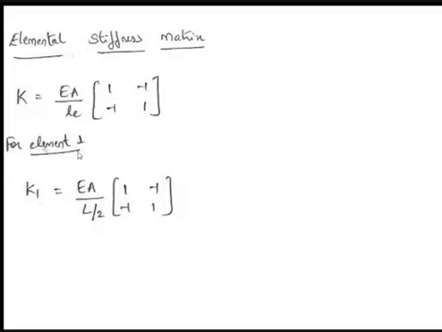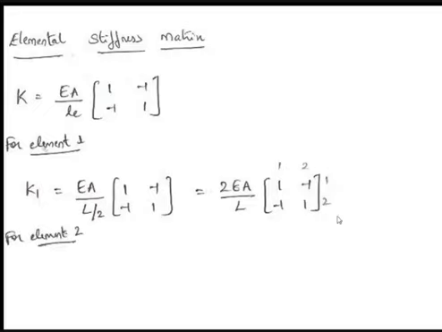So L is equal to L by 2. I'll substitute [1 -1; -1 1]. If I take 2 to the numerator, it will be 2EA by L times [1 -1; -1 1]. Your first element is associated with nodes 1 2, so I'll be representing 1 2 1 2.